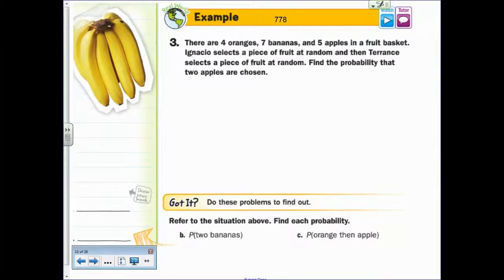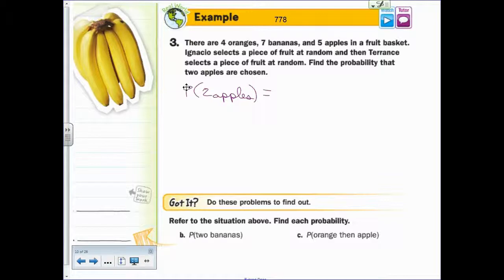There are 4 oranges, 7 bananas, and 5 apples in a fruit basket. Ignacio selects a piece of fruit at random, and then Terrence selects a piece of fruit at random. Find the probability that 2 apples are chosen. Well, what would be the probability of choosing an apple from the fruit basket when it has 4 oranges, 7 bananas, and 5 apples?